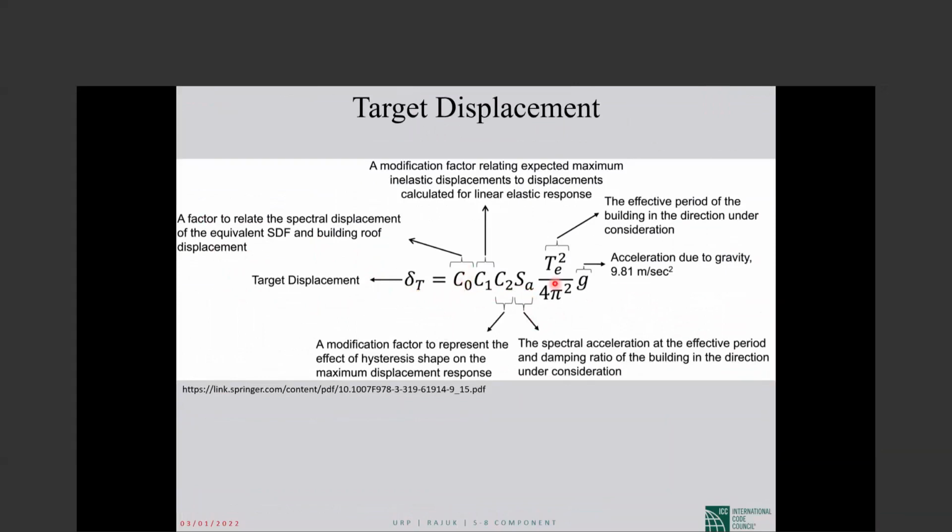In the coefficient method we need a factor to relate the spectral displacement of the equivalent single degree of freedom system to the building roof displacement, C0.